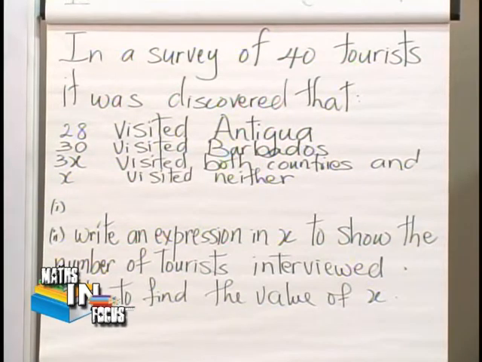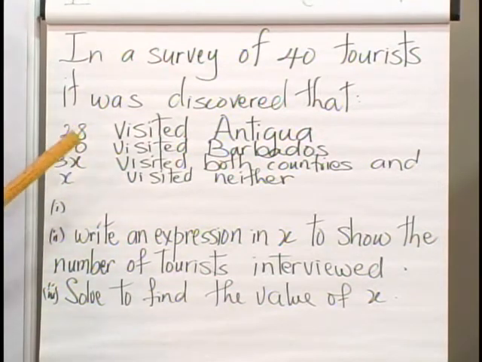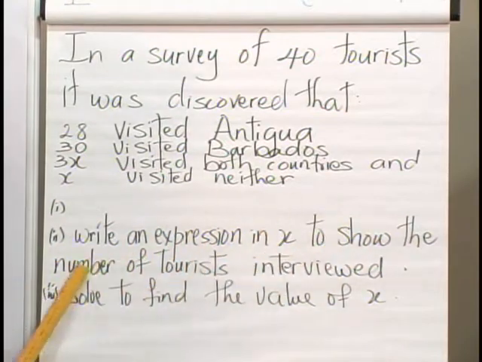The first thing I want you to do is to draw a Venn diagram, and I want you to display the information given on that Venn diagram. When you're finished with that, I want you to write an expression in X to show the number of tourists interviewed. And then finally, I want you to solve to find the value of X.